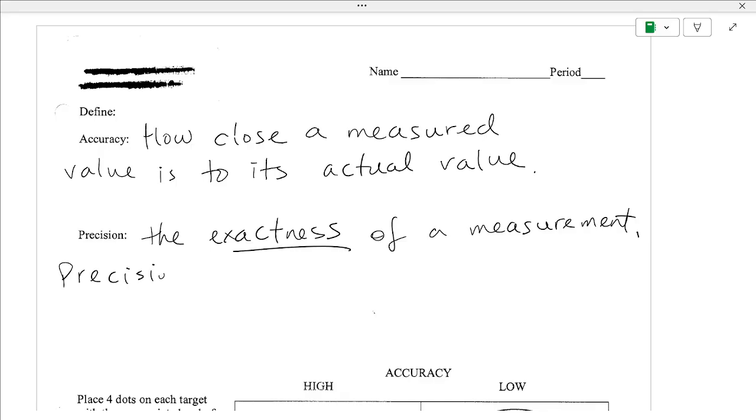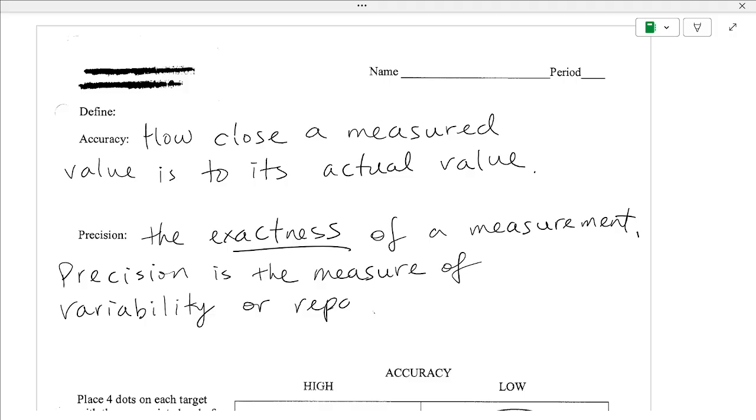Precision is the measure of variability, or the opposite of variability maybe, repeatability. I honestly don't know if repeatability is a word, but sure.